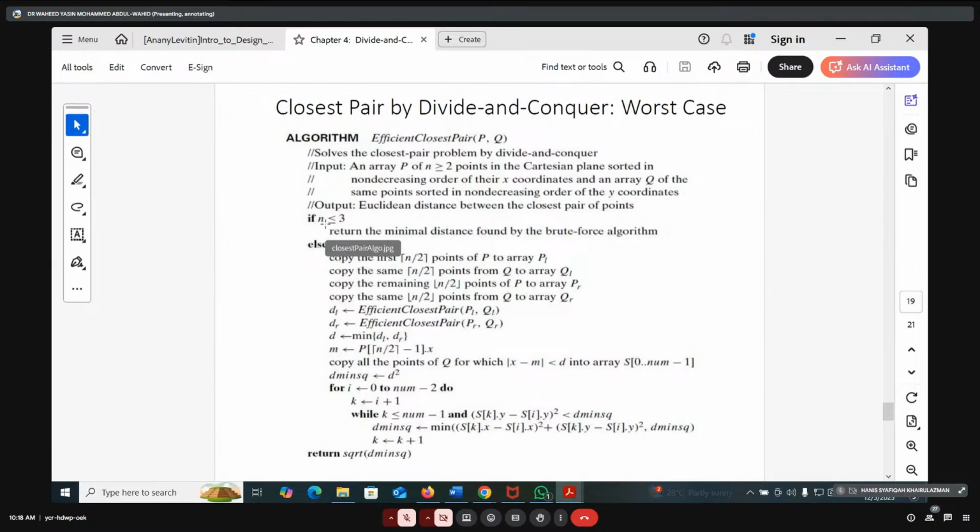So here we have, first, if n is less than or equal to 3, it means we have only 3 points. We use the brute force algorithm.